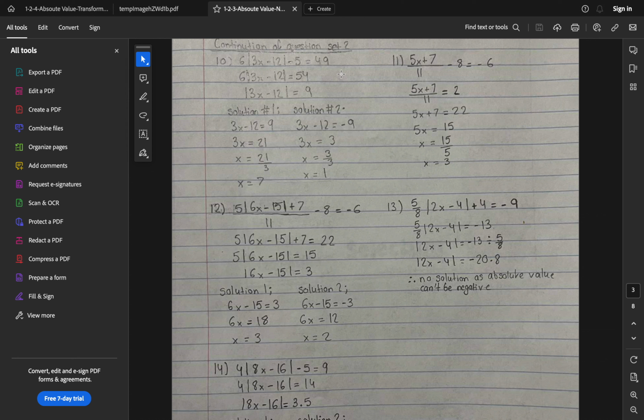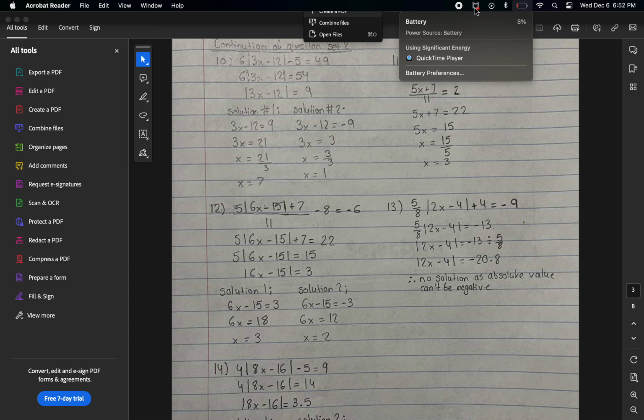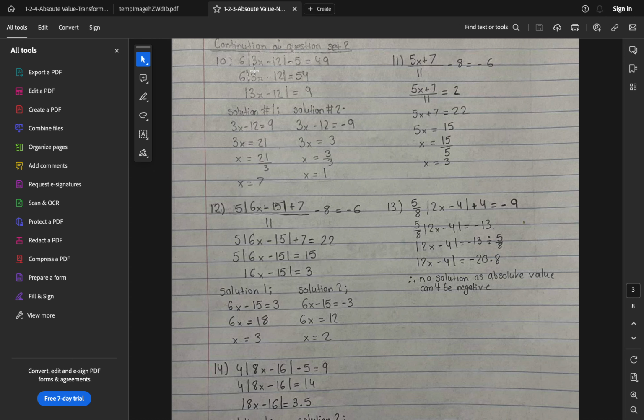All right, continuation of question set 2. We have question number 10, which is 6 times the absolute value of 3x minus 12, minus 5 is equivalent to 49. We rearrange by adding 5 on both sides, which becomes 6 times the absolute value of 3x minus 12 is equivalent to 54.